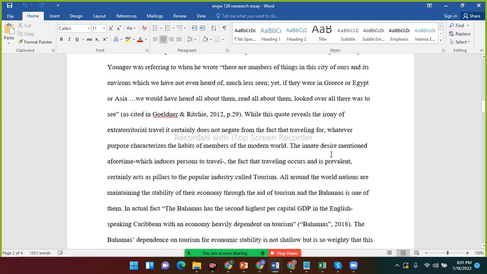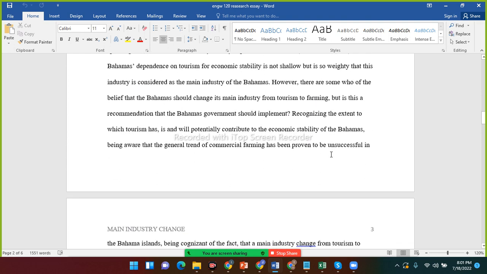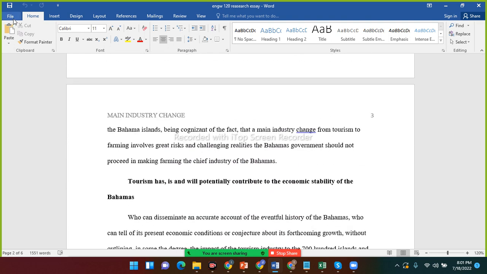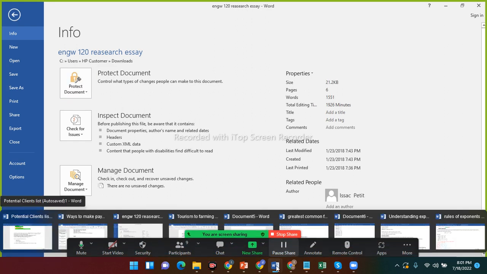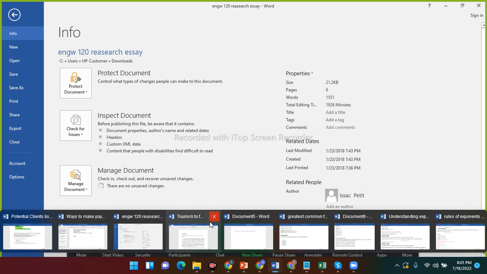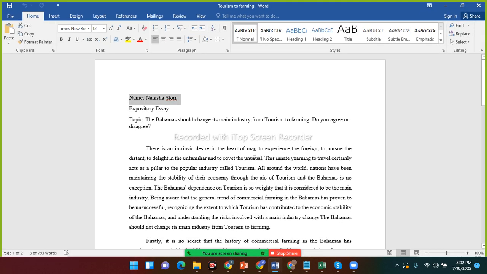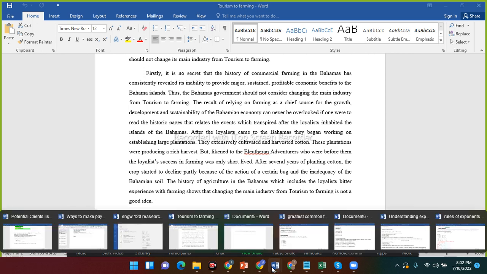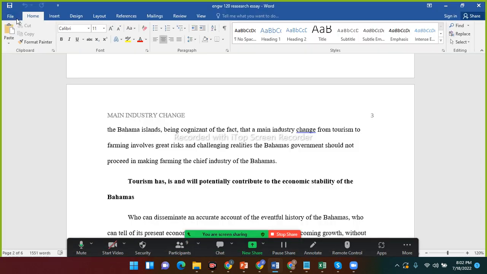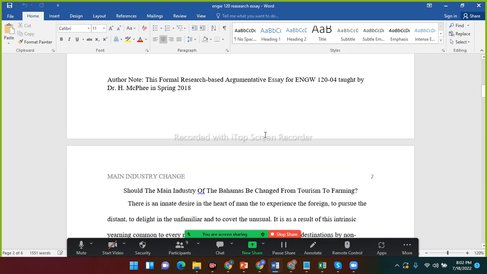Looking at the essay that I did when I was an undergrad, and we were talking about what made it a good essay, especially the introduction in particular. That is what we were looking at the other day.